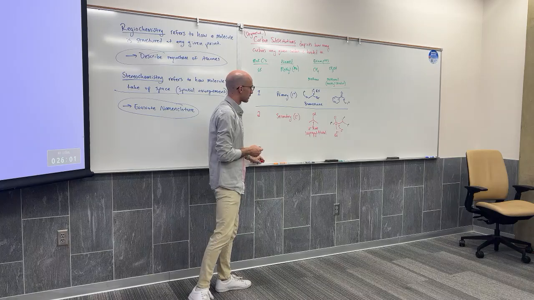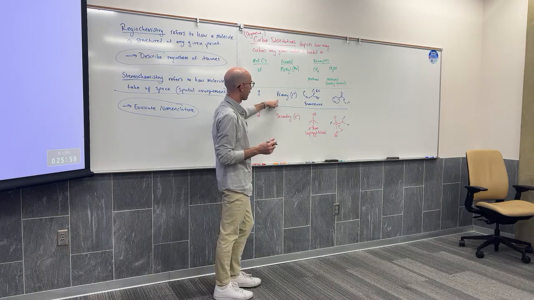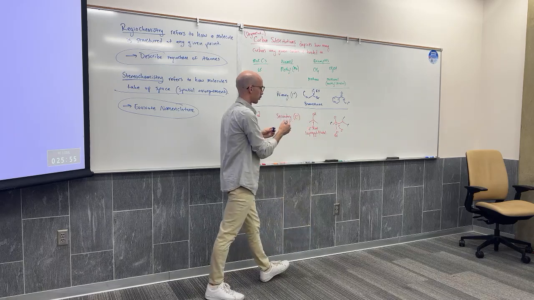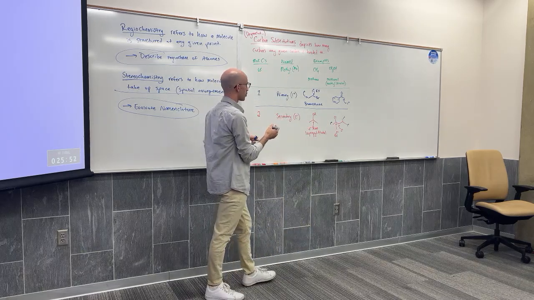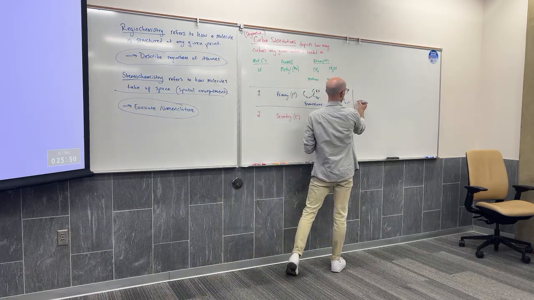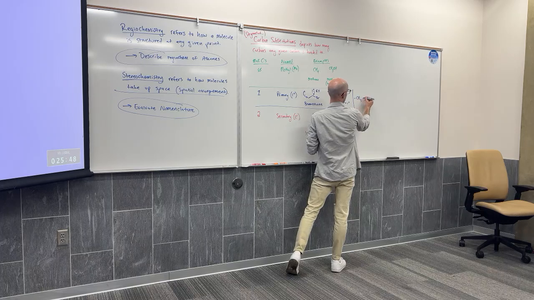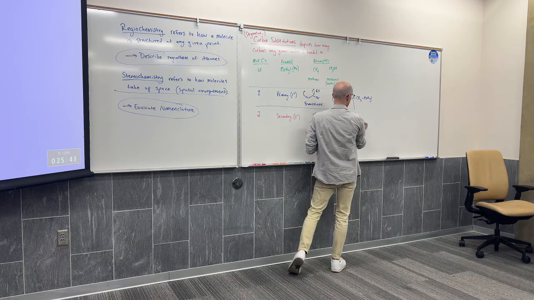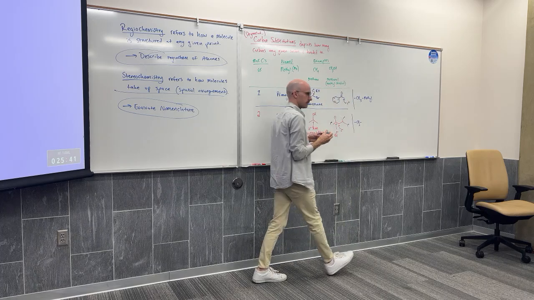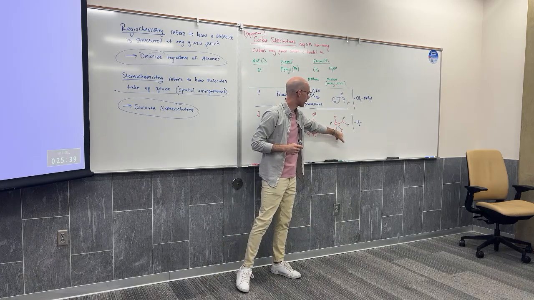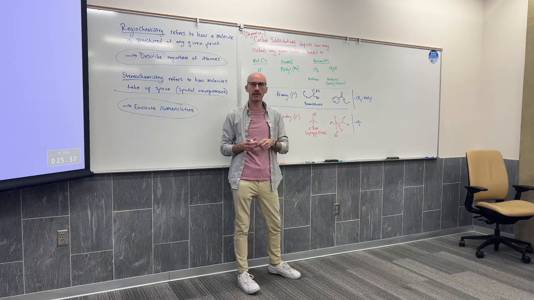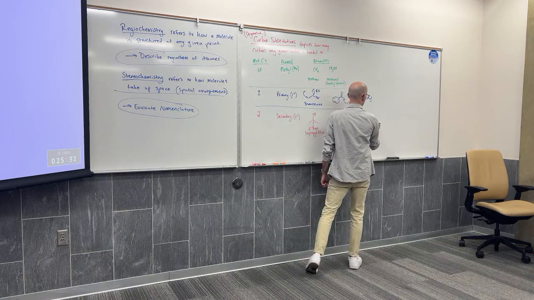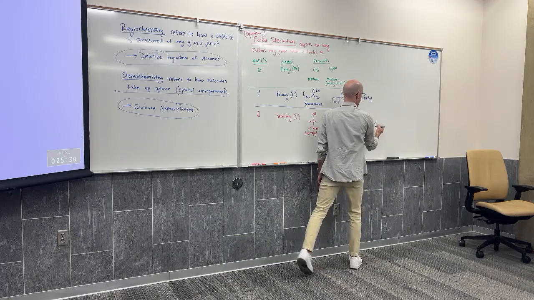Now, I gave you guys this idea that primary carbons are often referred to as methyl groups, or those CH3 groups is referred to as methyl. These CH2 groups, like this one here, a secondary carbon, this is referred to as methylene.